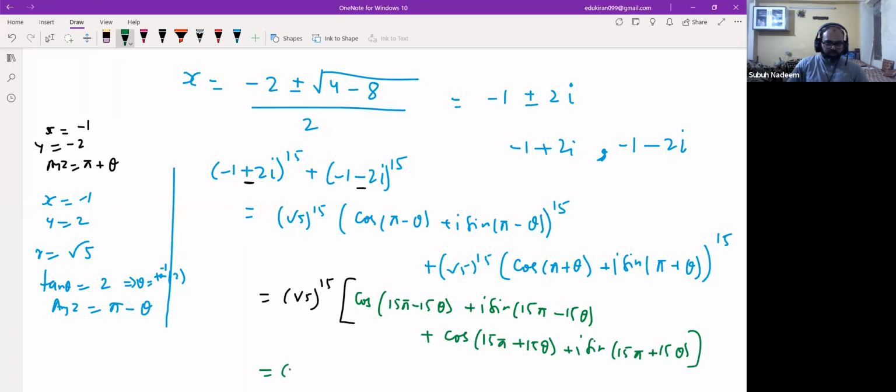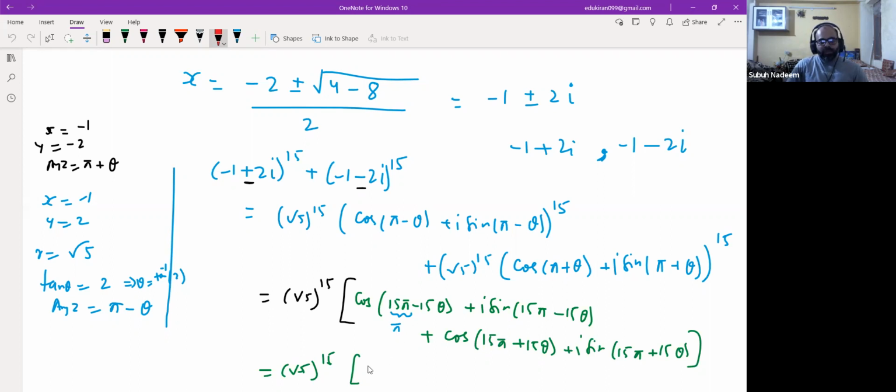So this will be root 5 to the power 15 times cos 15 pi, which is actually 14 pi plus pi. So that will be cos pi minus 15 theta. It will behave as cos pi minus 15 theta, because till 14 pi it is a multiple of 2 pi, so it will give you the same angle.